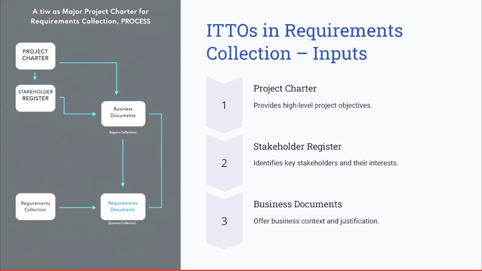Also, we say the business documents, including the business context and the justification for undertaking the project. So the inputs for collecting requirements include all of these, which identify the key players, requesters, or stakeholders, and provide a rationale and context of the project need.